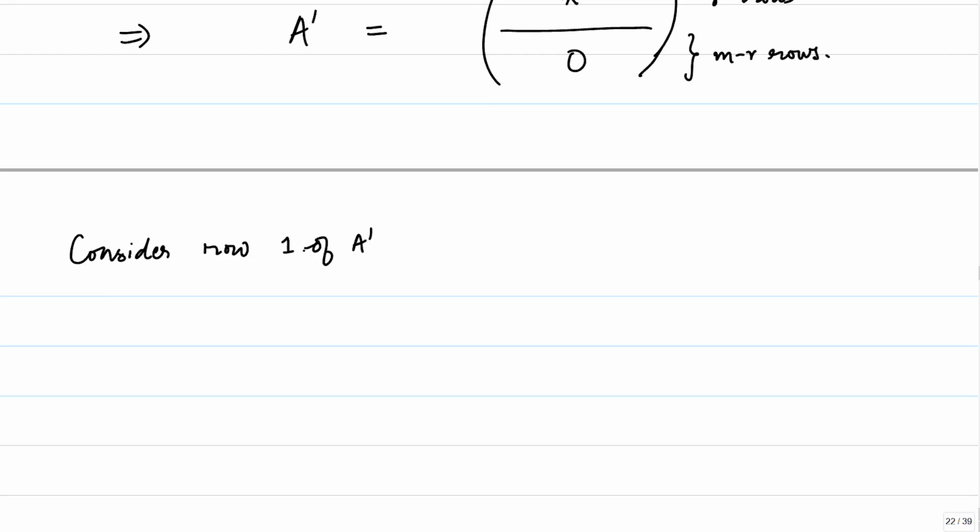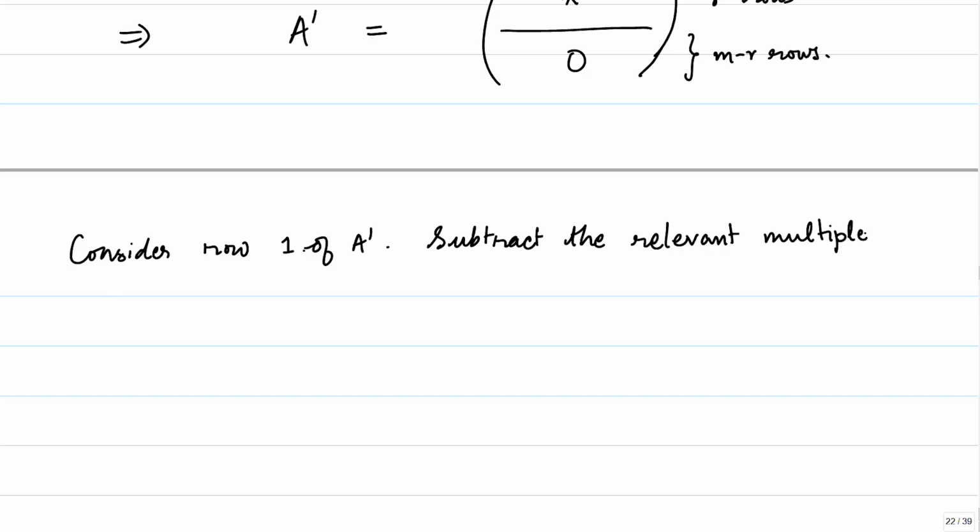Then let us do some column operations. What are the column operations? We are doing a column operation of type 3 on this matrix A prime.